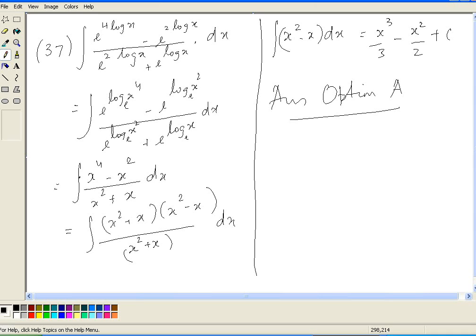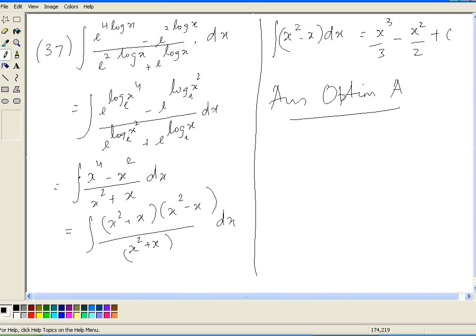The other terms follow as e power log x squared to the base e divided by e power log x squared to the base e plus e power log x to the base e, dx.